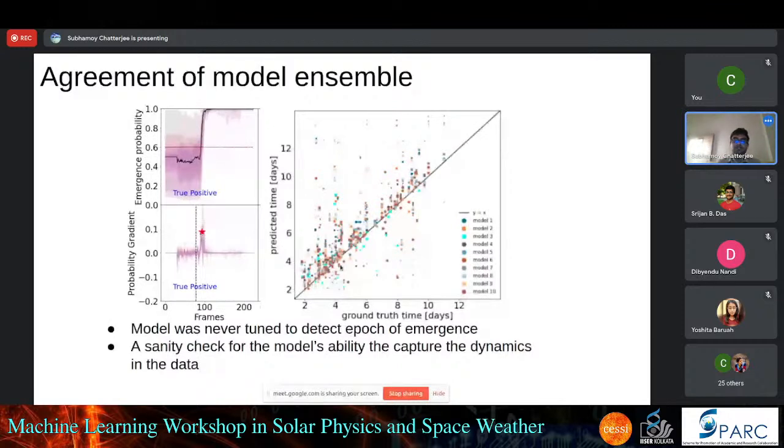This delay is just about half a day, but if you change the criteria by which you detect this epoch of emergence, I think you can nullify the bias.